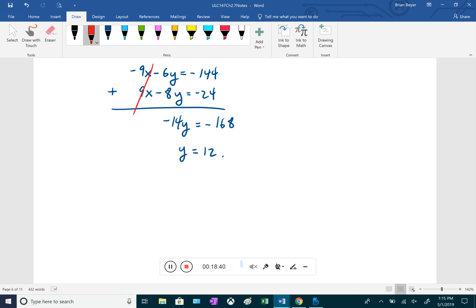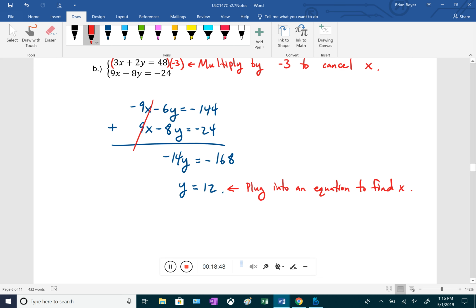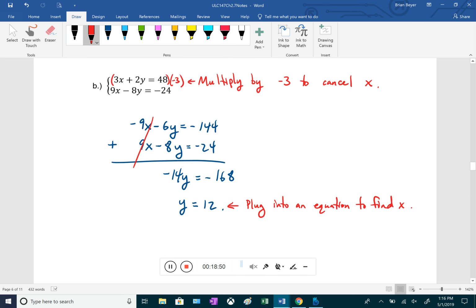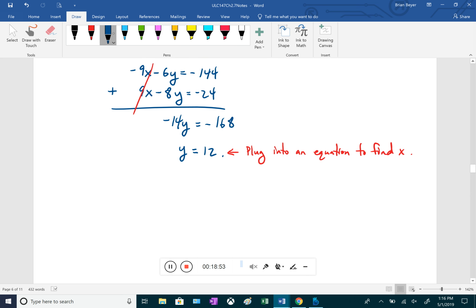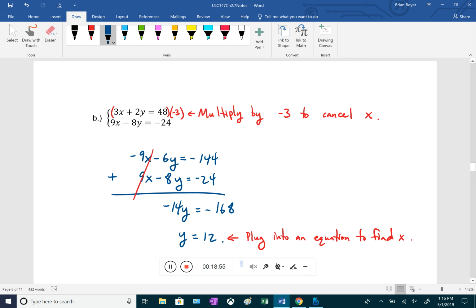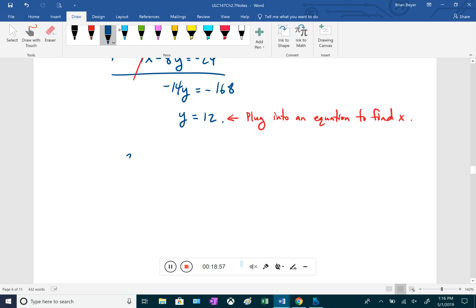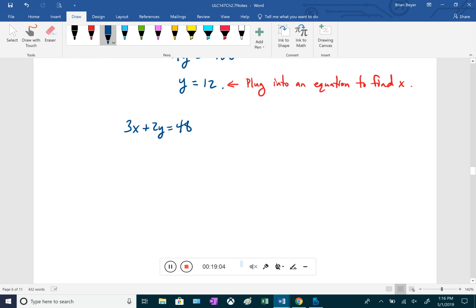And now we're going to take this and plug it back into one of the original equations to find x. Okay, so it doesn't matter which one we choose to plug into, just plug it into one of the original equations. I'll choose the first equation, so that's going to be 3x plus 2y equals 48. And plug in y equals 12 and solve this for x.